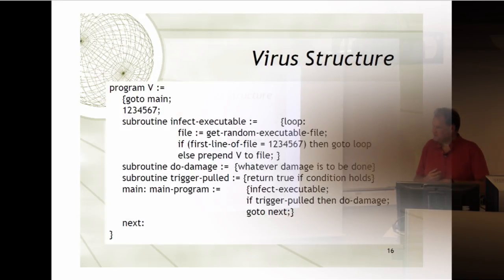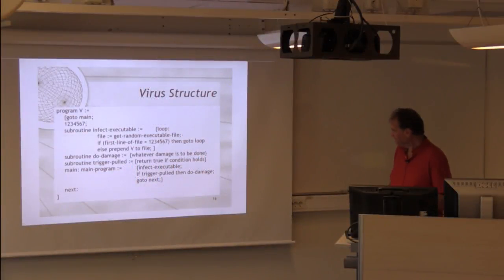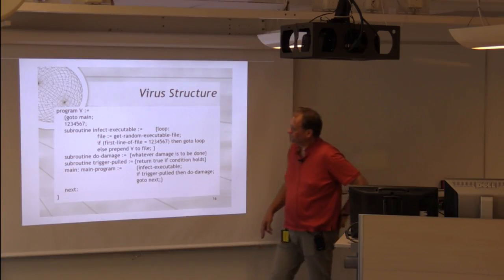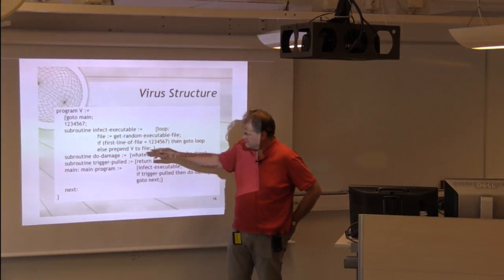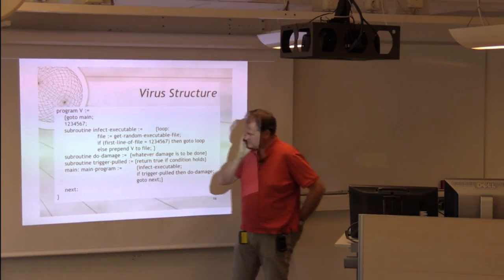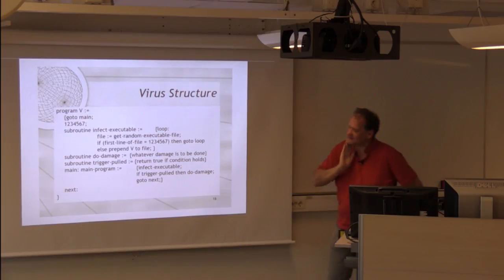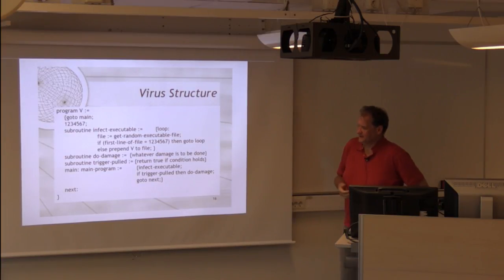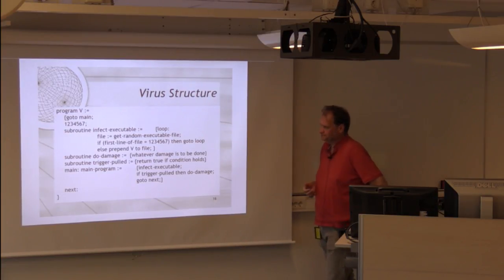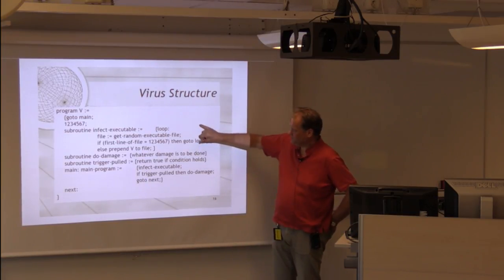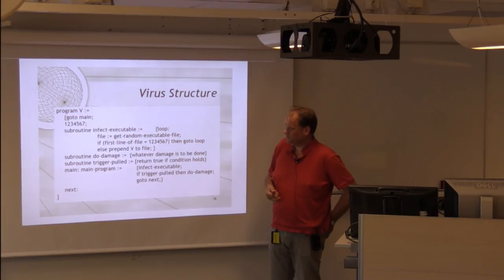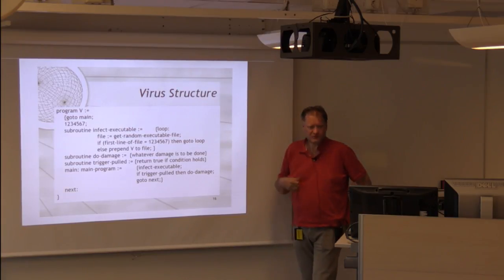If you look at a very simple structure of a virus, this could be it. We start here. We have a program, and that is the virus. We can see that the virus has different subroutines, different parts that make it up. So we have one part here that says infect executable, and that is where we try to spread.